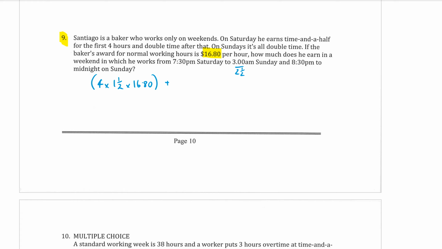He also works from 8:30 p.m. to midnight on Sunday. So how many hours is that? 8:30, 9:30, 10:30, 11:30. So there is 3.5 hours that he works on that shift. So altogether, that is 6 hours that he does at double time. So 6 hours, times it by double time, and times by his hourly rate of pay, which is $16.80.